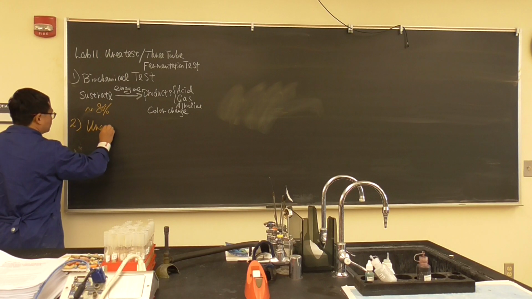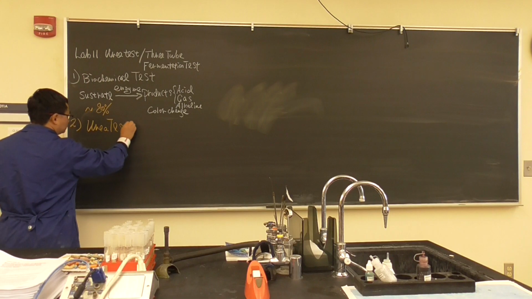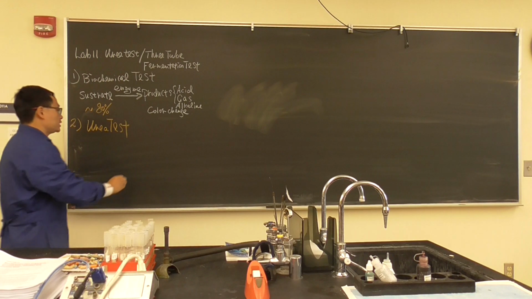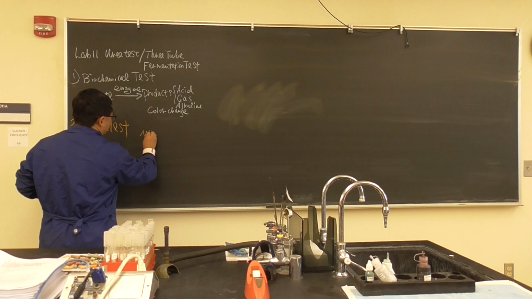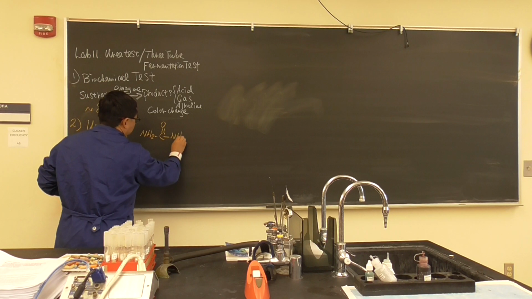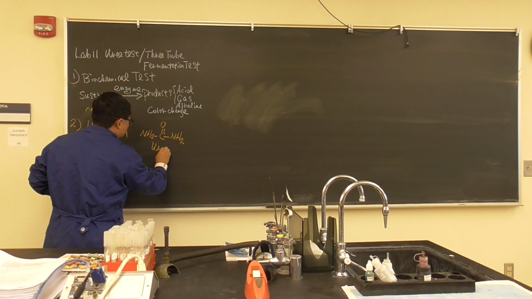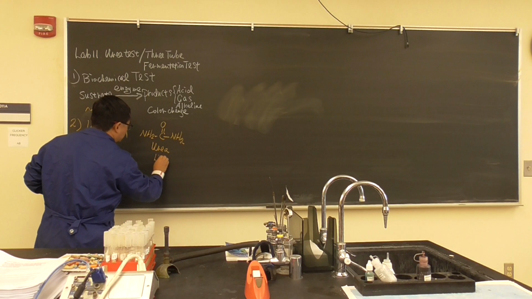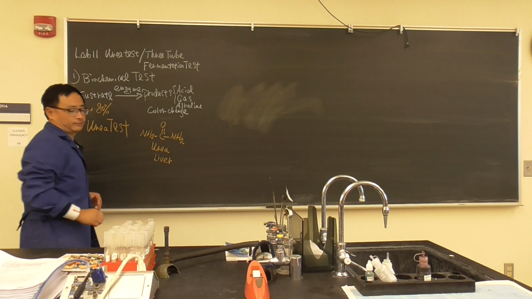First one is the urea test. So what is urea? The structure is like this, and this is urea. Urea is widely present in the liver.